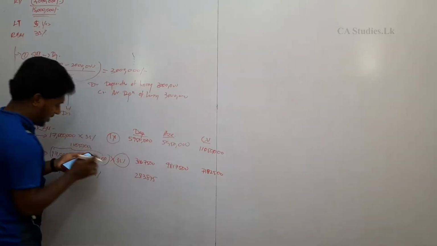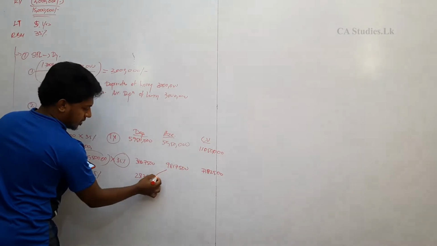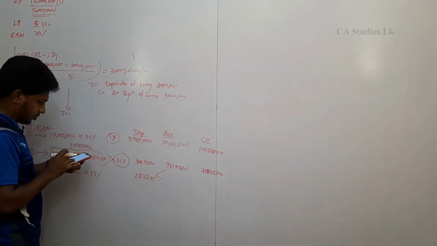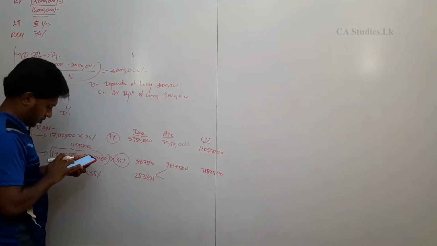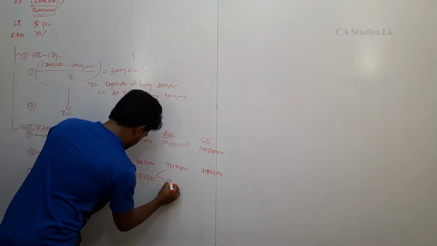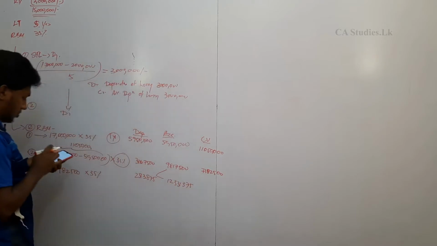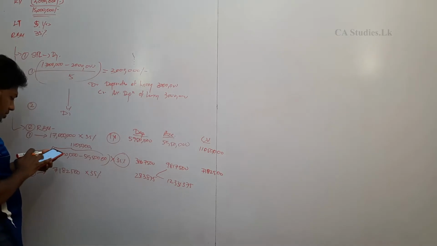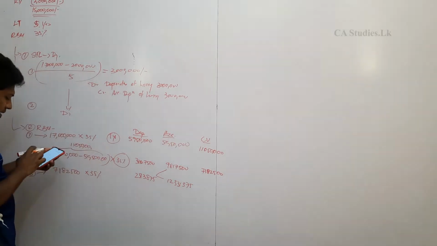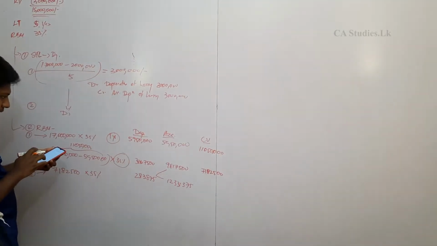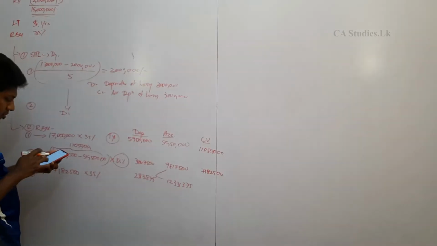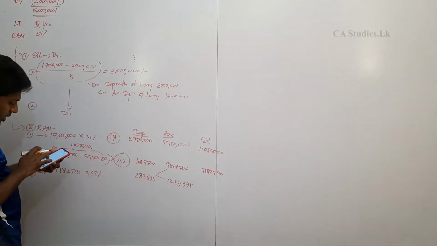Now accumulated depreciation is this plus this. Don't be lazy, please work it out. Carrying value is 17 million minus accumulated depreciation of 12,331,375.